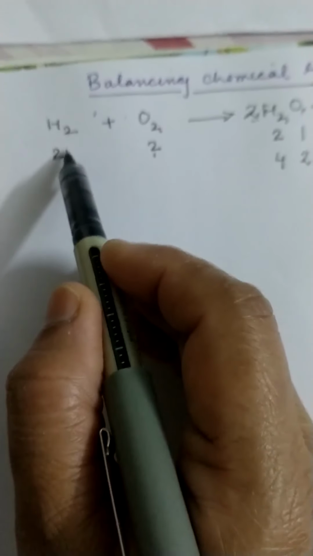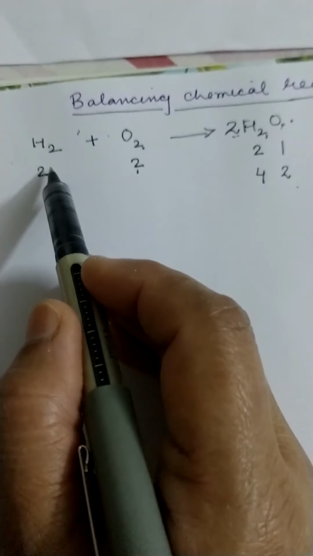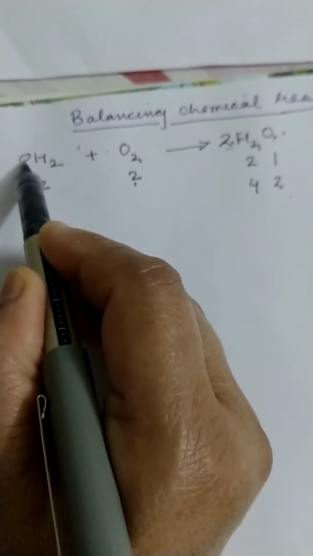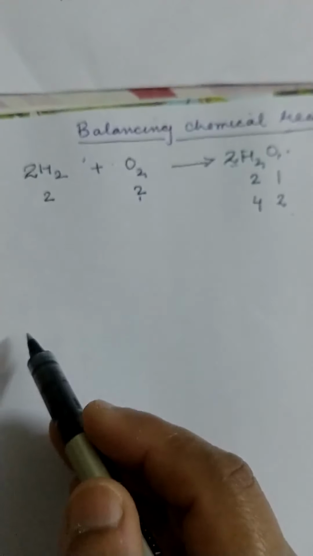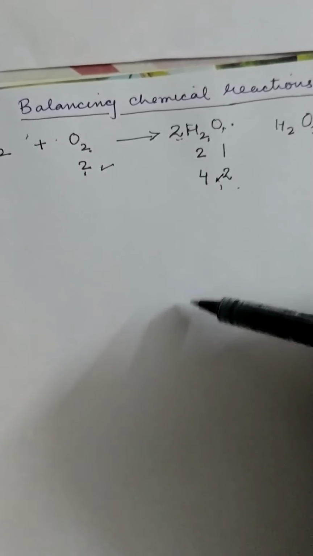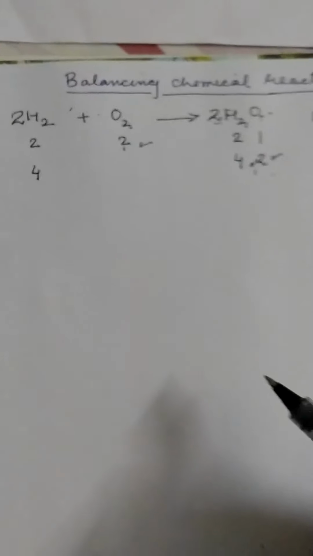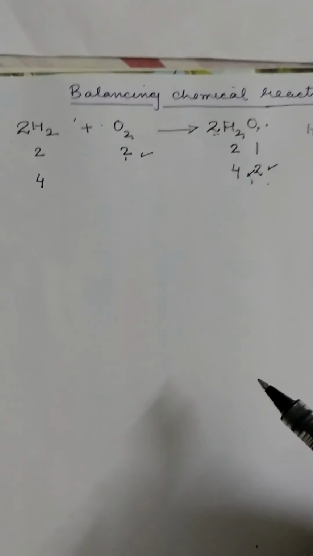On the reactant side, we have 2 atoms of hydrogen. So to make it 4, I will write 2 over here. Finally, hydrogen 4 atoms, oxygen 2 atoms. Here hydrogen will have 4 atoms and oxygen 2 atoms. Now this is a balanced chemical reaction.